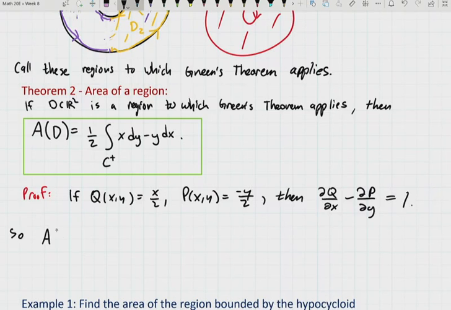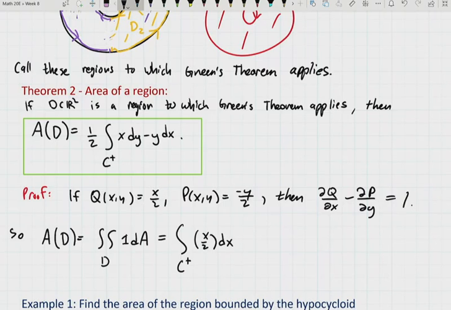So we get that the area of the region, which is the integral of the function 1 over the region, is, by Green's theorem, the integral over the boundary of the region of, let's see, Q dx. Yeah, so x over 2 dx. No, wait, which one was it? It was Q dy, sorry.